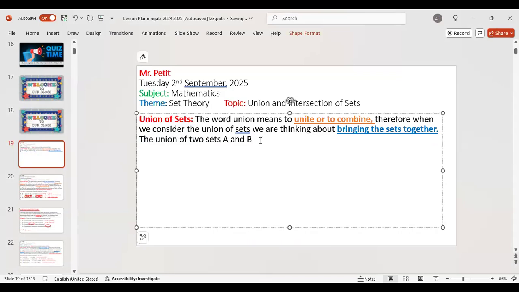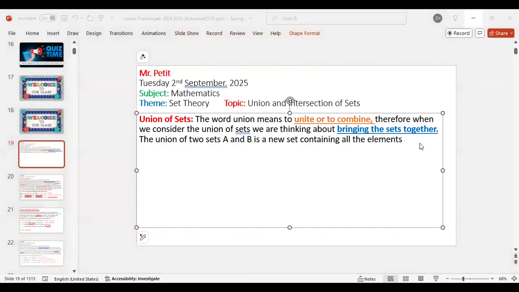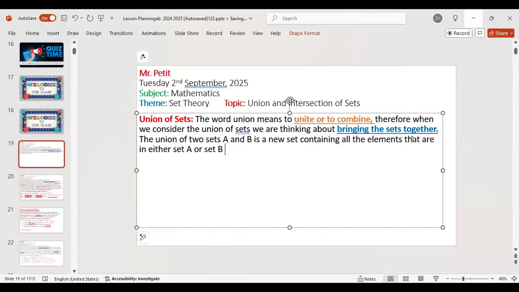The union of two sets, A and B, is a new set containing all the elements that are in either set A or set B, or both.